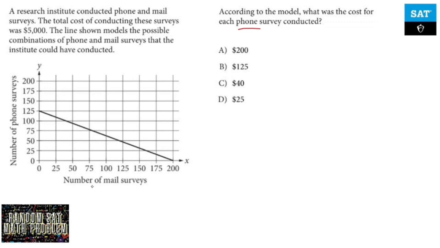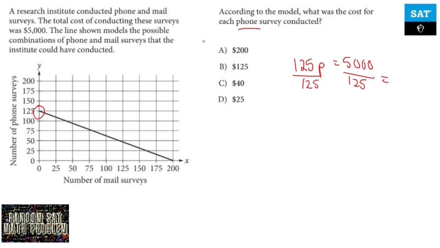So if I didn't spend any money on mail surveys, I could do a maximum of 125 phone surveys. So I could do 125 phone surveys and spend $5,000 on it, which seems like a ridiculous amount of money. But if I divide by 125, that gives me 200?